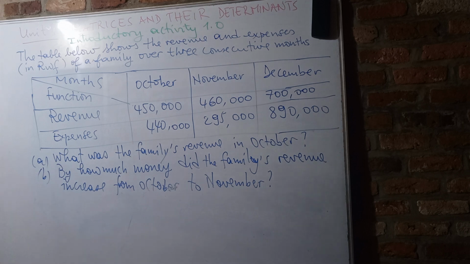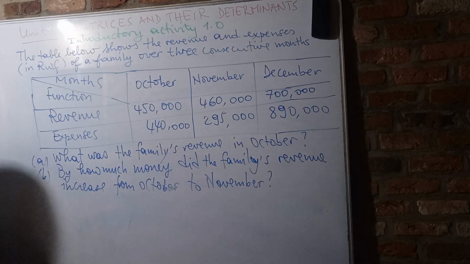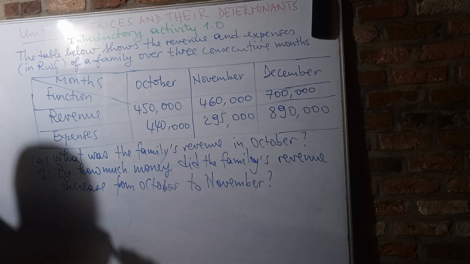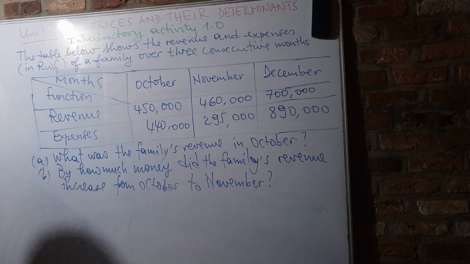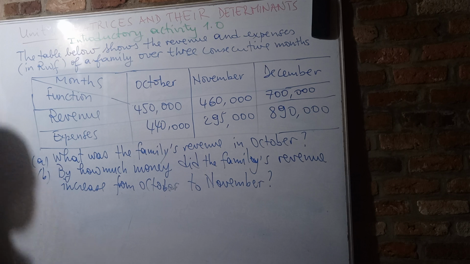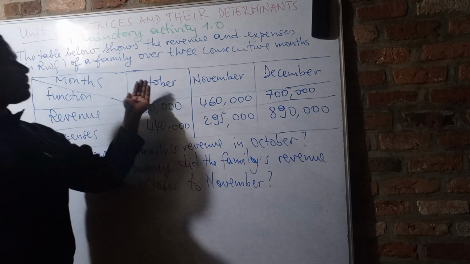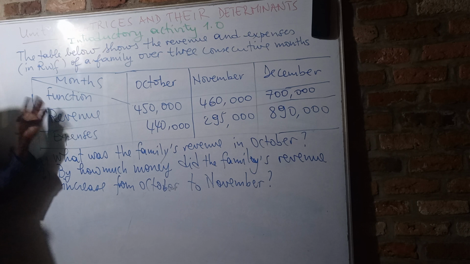Okay, so now I think I have this marker pen, and here, so we have got to answer this introductory activity. So looking at this table, we have months, 3 months, October, November, December, and you have a function.